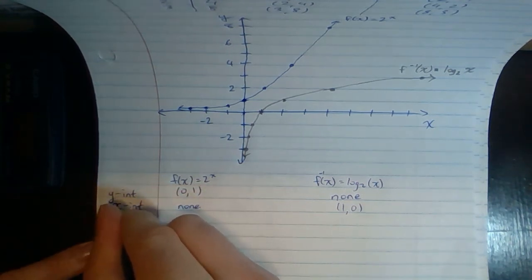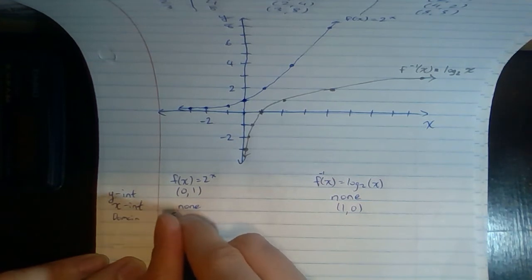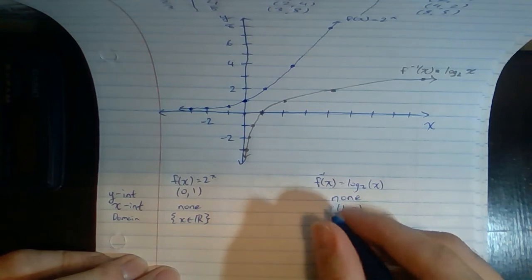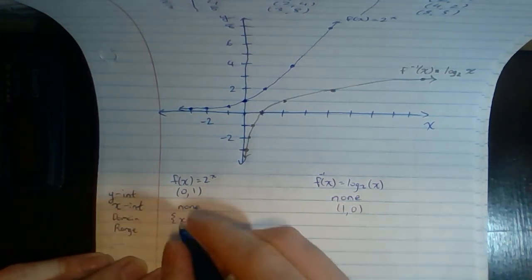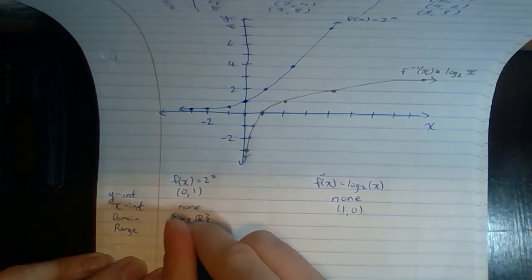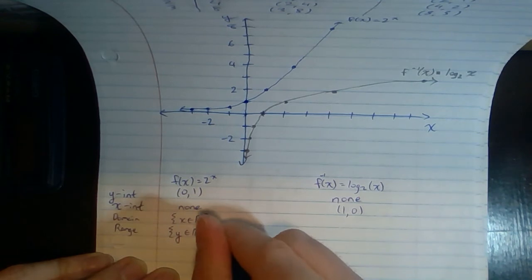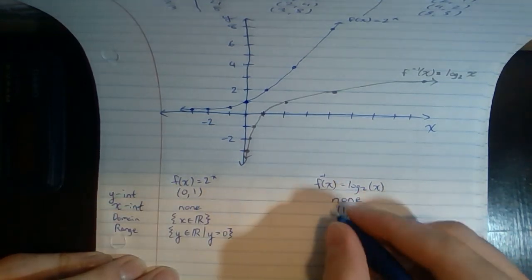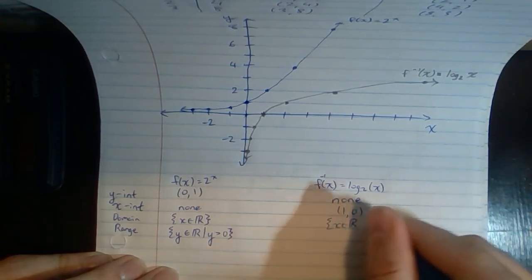Domain of the original is all real numbers. Range of the original, we have y greater than 0. Domain of our inverse, x was always greater than 0.